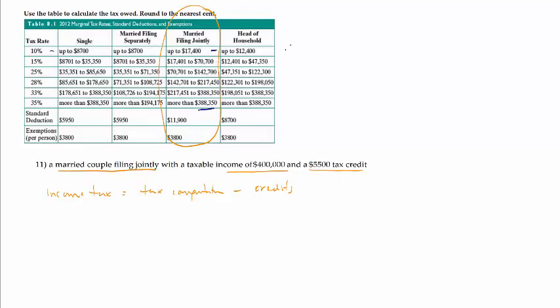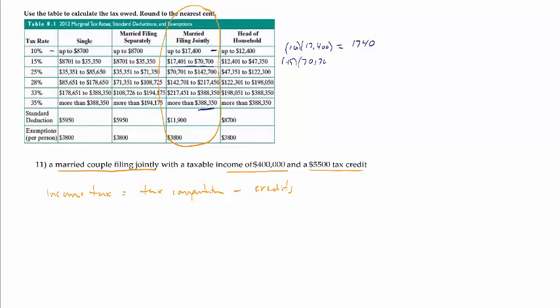The first one is 10%, so 0.10 times 17,400, and that'll give me 1,740. For my second rate, at 15%, I'm going to be paying on any amount between those two numbers. Since I'm making above that, I'm paying on the difference between the upper and lower limit.